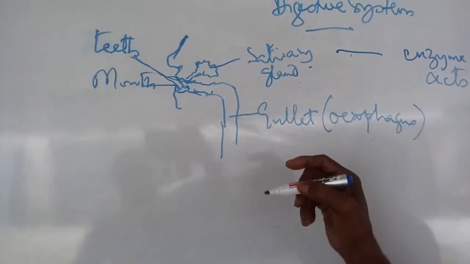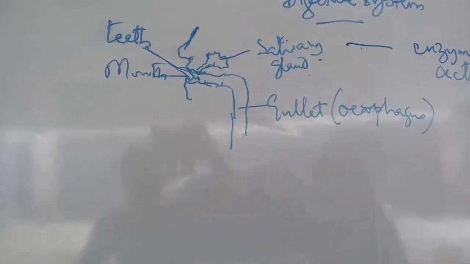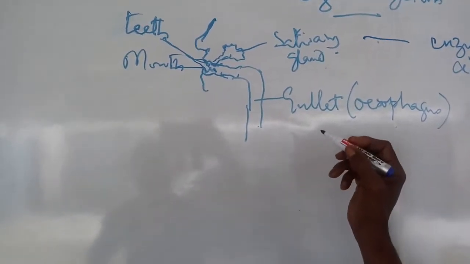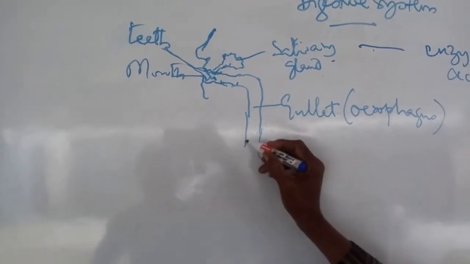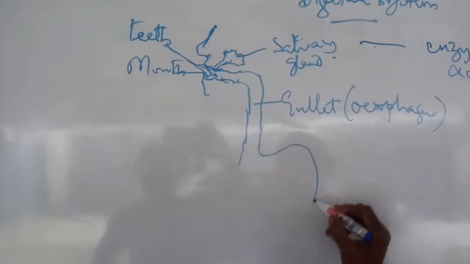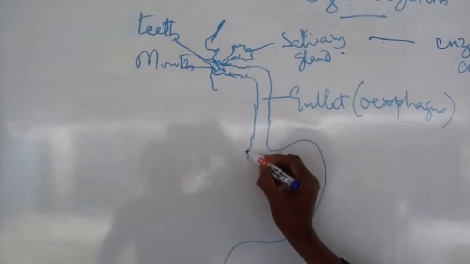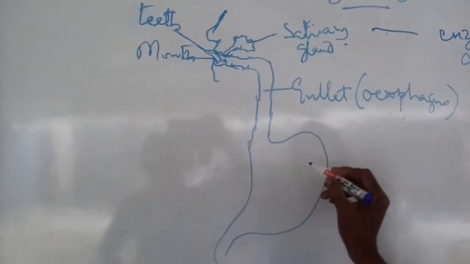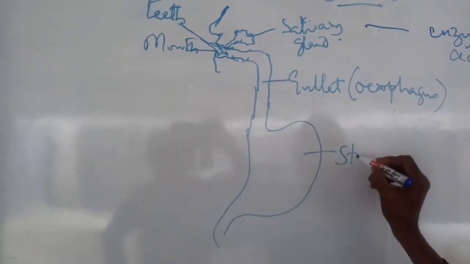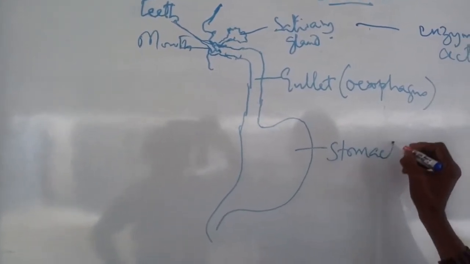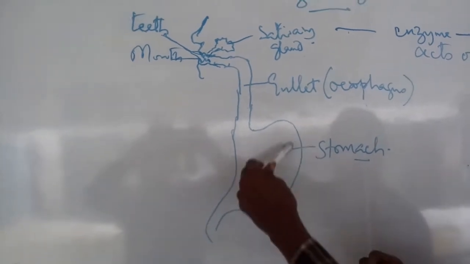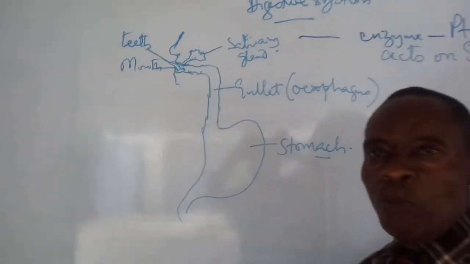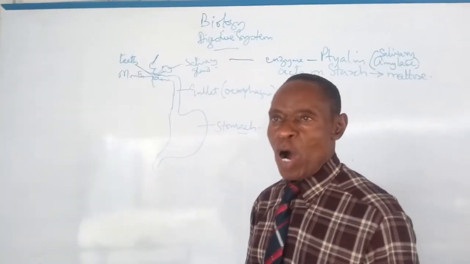The food is swallowed through the oesophagus by a peristaltic movement, and from there it leads into the stomach. The stomach is a sac-like organ which receives the food and stores it for some time, maybe about 4 hours.